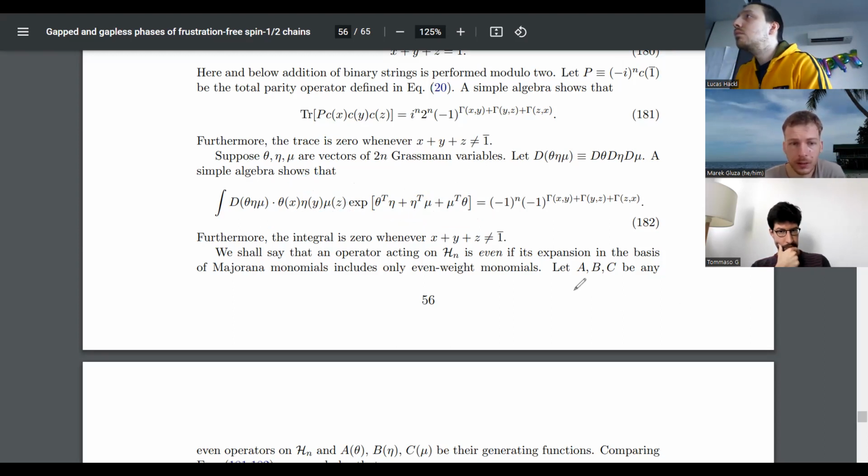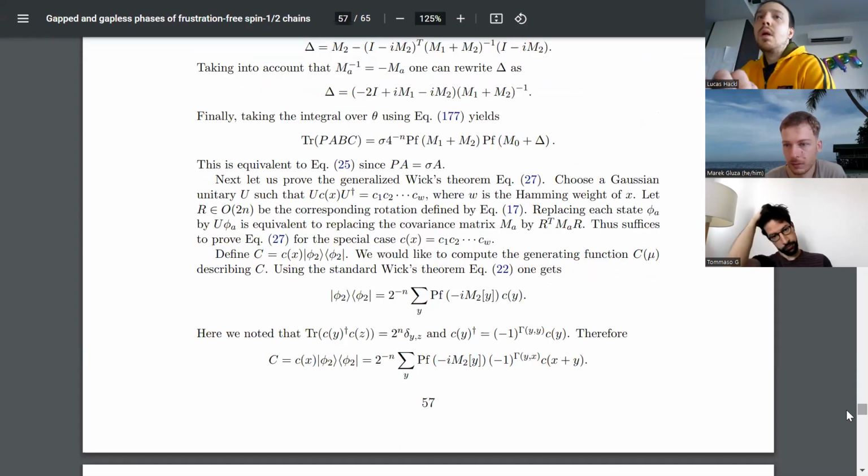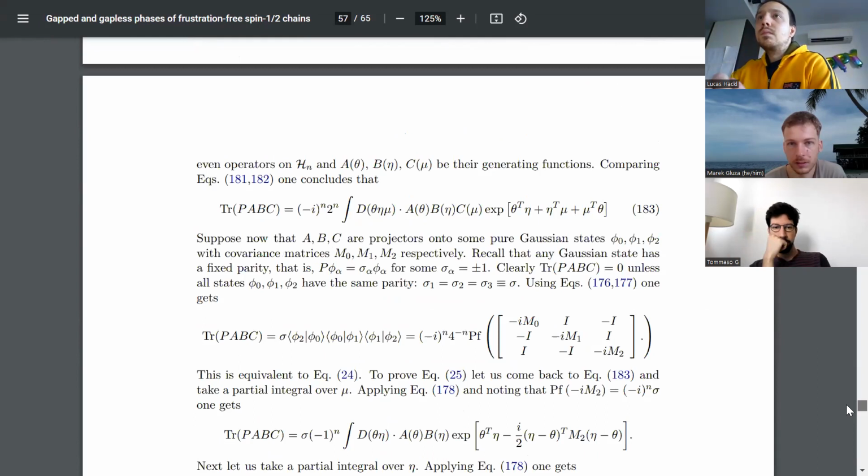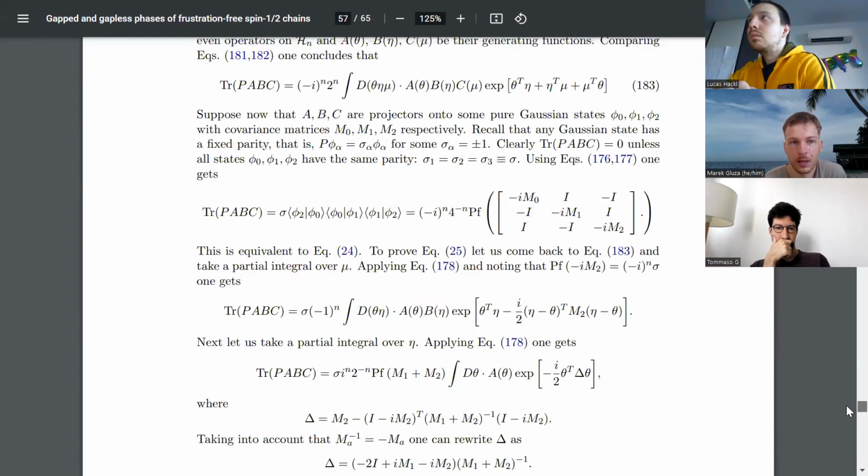Okay, so this is what they will be doing actually here, I see now. So I was jumping ahead. So now we take any three even operators. We take three operators like this, and those are their generating functions. Okay, so here we are calling it generating functions, fine. Okay, too fast. This is already the result, but it's coming fast.